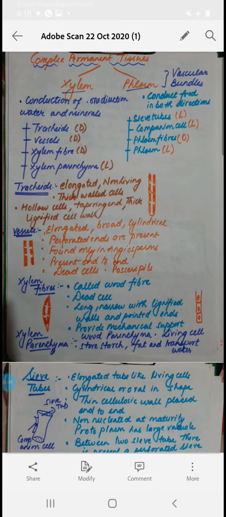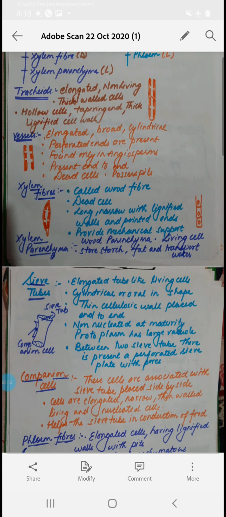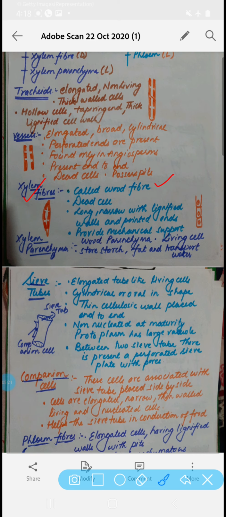Next kind of component is xylem fiber. Xylem fiber is also named as wood fiber. Clear? It is again named as wood fiber. Now they are made up of dead sclerenchymatous cells. Because fibers are there, we all know that fibers are a kind of sclerenchymatous tissue.